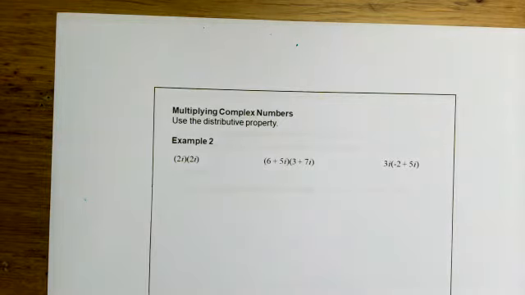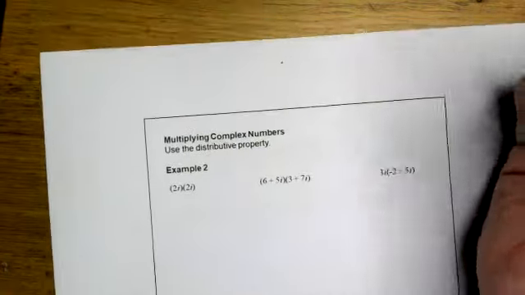Okay, what are the rules for variables when multiplying? Do you remember the rules for exponents when multiplying? Okay, we keep the base and we add the exponents.